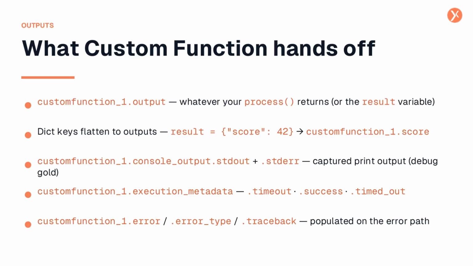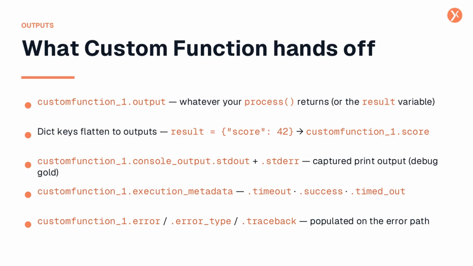The custom function provides several valuable outputs. Custom function egg.output represents the return value of your process function. If your function returns a dictionary, each key within that dictionary also becomes a top-level output, such as custom function egg.score, directly accessible downstream. For debugging, custom function egg.console_output captures all stdout and stderr from your print statements.